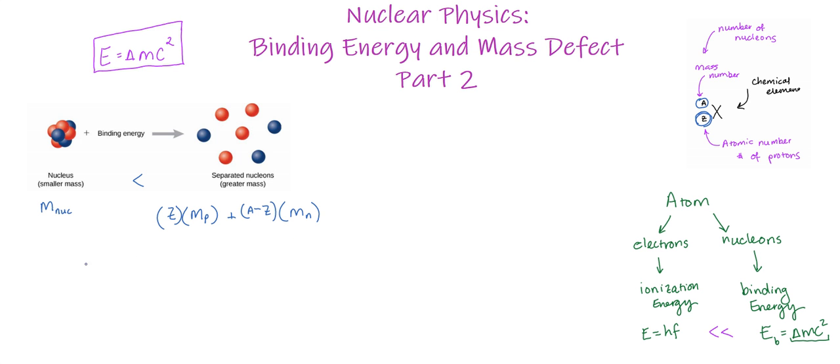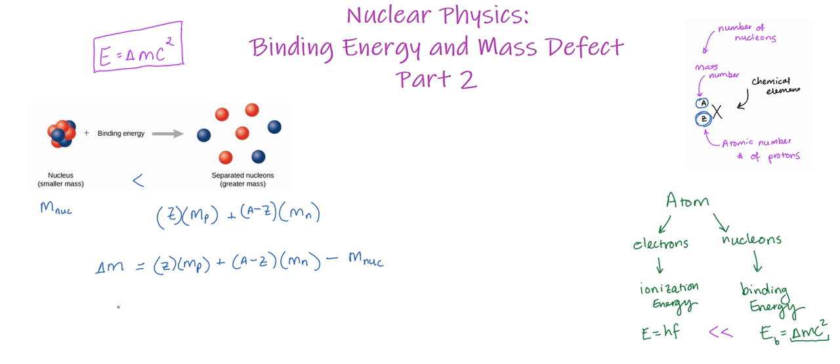Now what we see is that the difference in mass from when the whole thing is intact to when it is separated is equal to the number of protons times the mass of a proton, plus the number of neutrons, A minus Z, times the mass of a neutron, minus the mass of the nucleus.